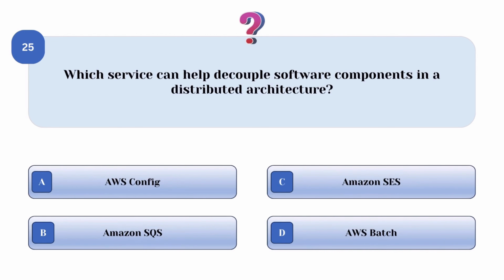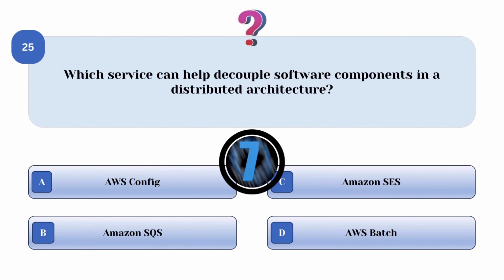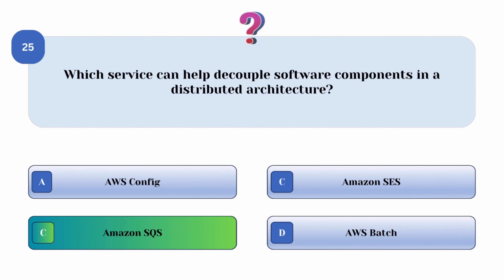Which service can help decouple software components in a distributed architecture? Correct answer: Amazon SQS. Explanation: Amazon SQS decouples components by buffering requests between producing and consuming services.